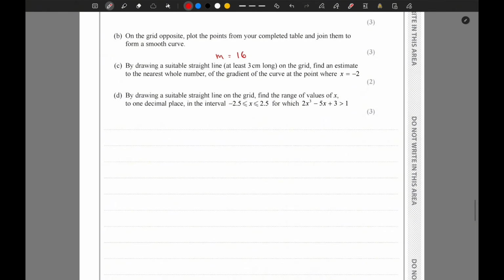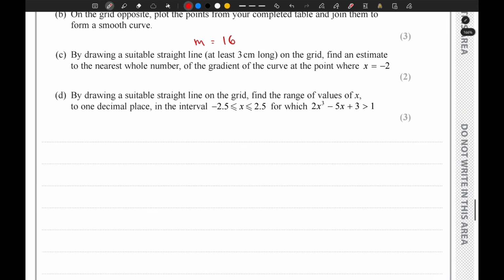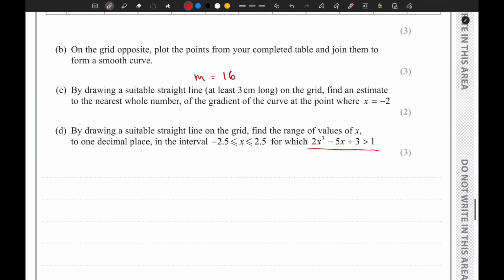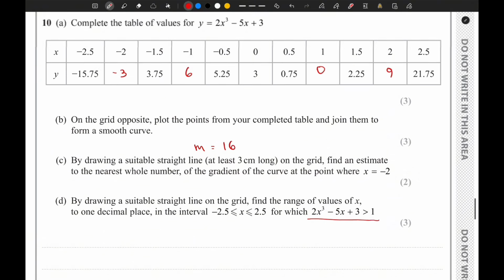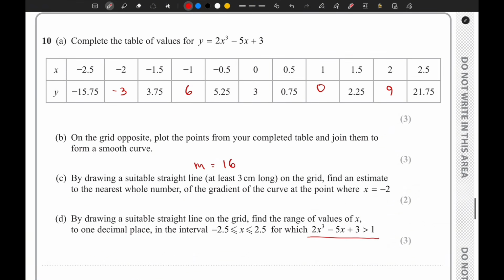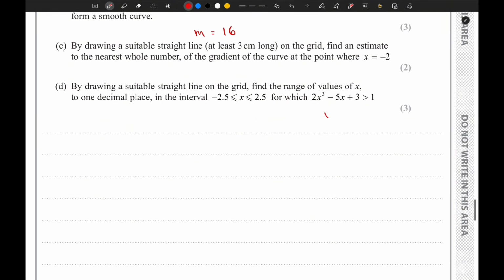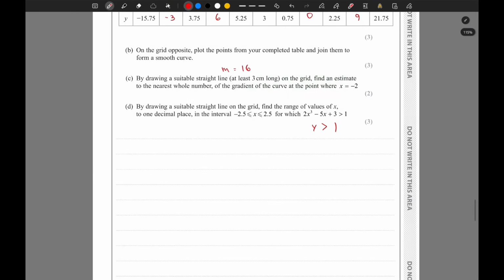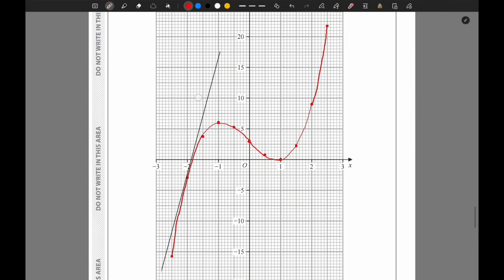Now by drawing a suitable straight line on the grid, find the range of values of x for which this is greater than 1. Now as you can see, this part of the equation is identical to our curve. So which means I can write this as y is greater than 1. So let's first draw the line where y is equal to 1.